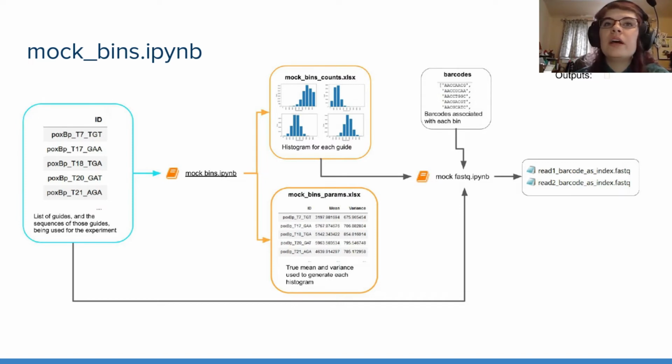It will also output a file that has the true parameters used to generate those histograms. The data created by this particular script is not representative of any real data that would be available for researchers. It is just an intermediate step before the next script, which will generate data that is more representative of real data that we would see.